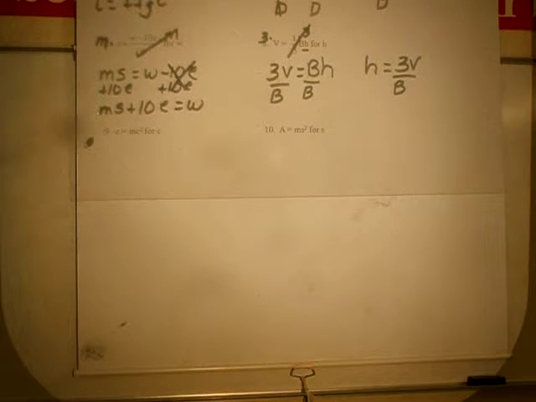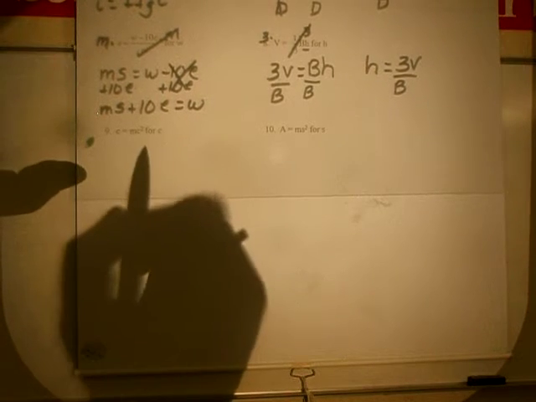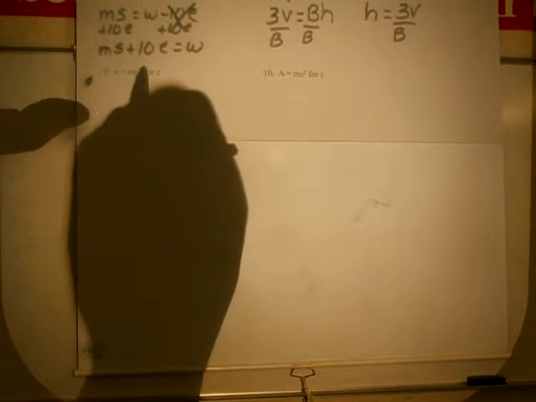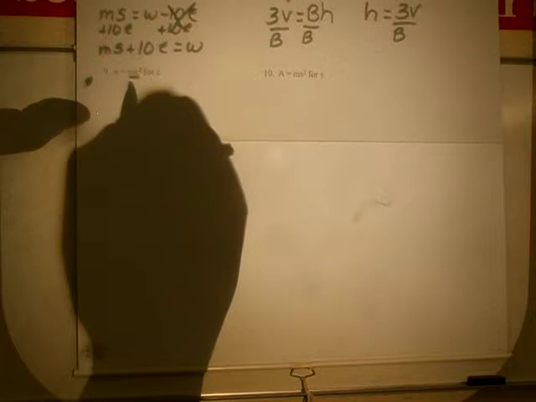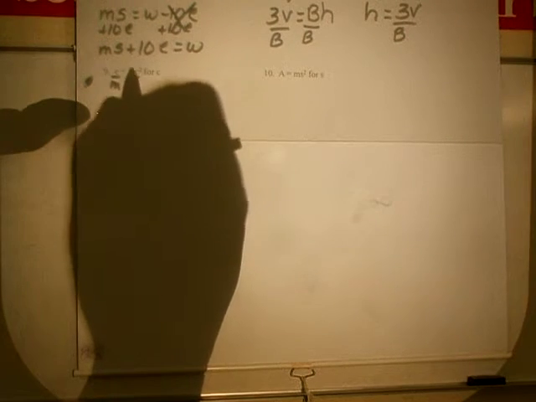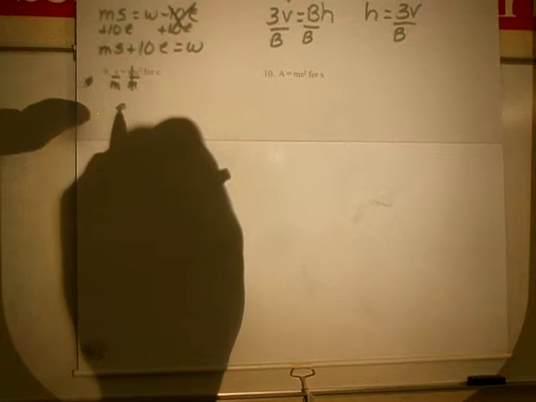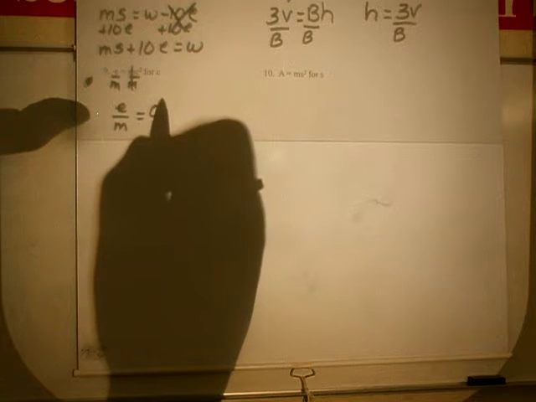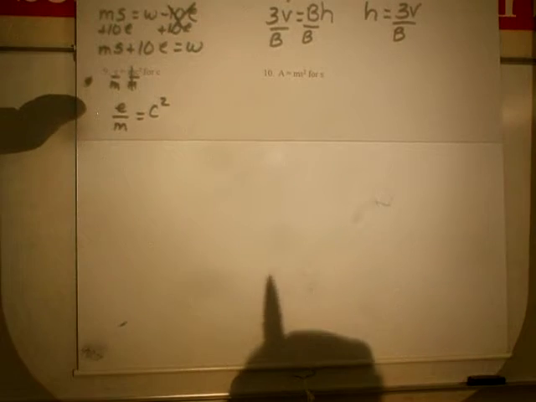9 and 10 have some exponents in them, have some things squared. In question number 9, we're solving for C. First thing we want to do to solve for the C is to get rid of the M. And these would cancel out. You would have E over M equals C squared.